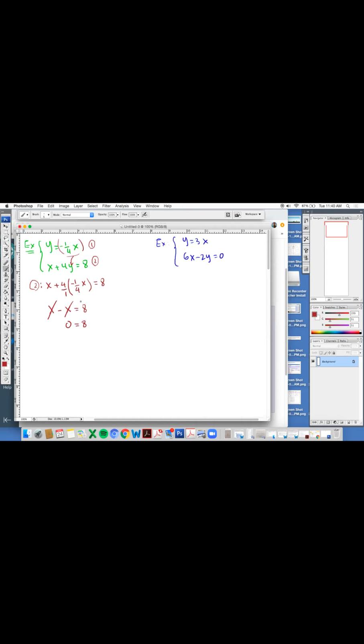All right, so we've sort of seen these before, right? When we solve an equation and our variables go away and you get something that does not make sense, what does that mean for the solution? What should I write? Because I can't get a value for x.